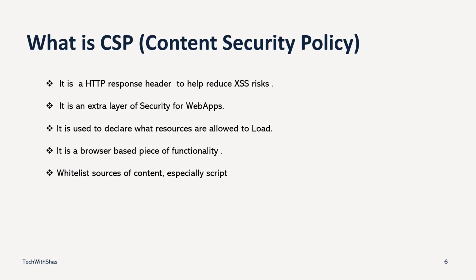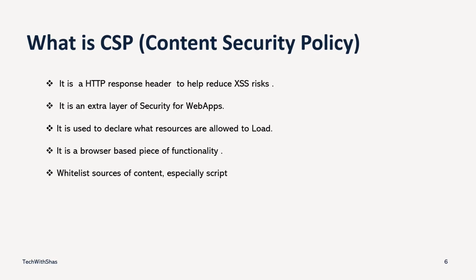It is not the only way to make our app secure, but it is an extra layer of security. It's basically an HTTP response header, so it's part of whatever response you send back to the browser.